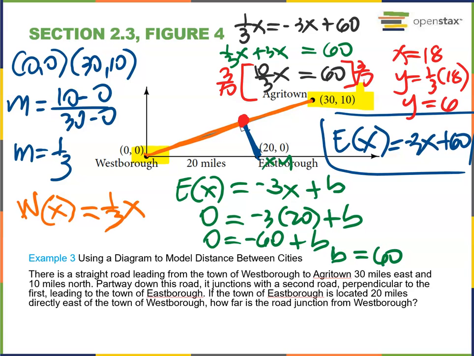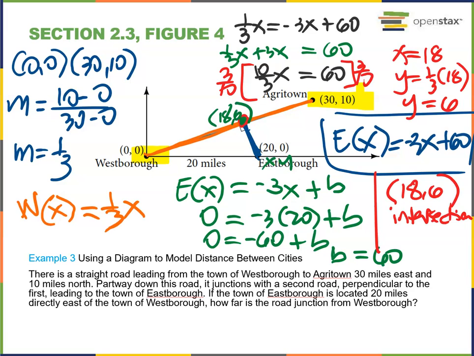So we have the point of intersection at 18, 6. So this is the point of intersection and the coordinates are 18, 6.